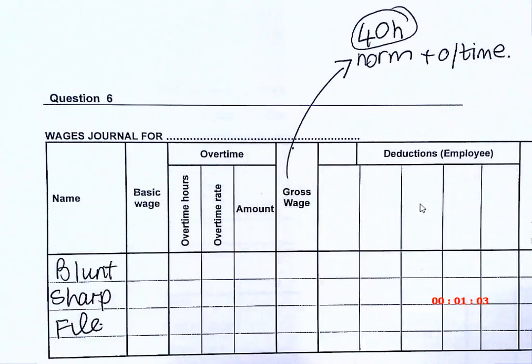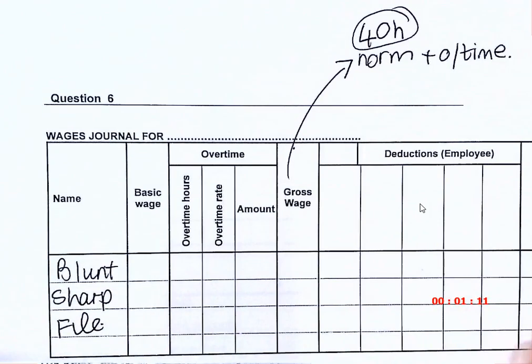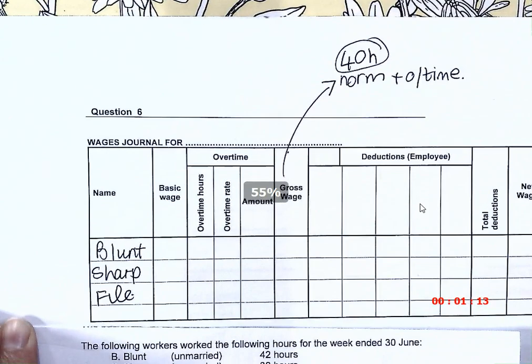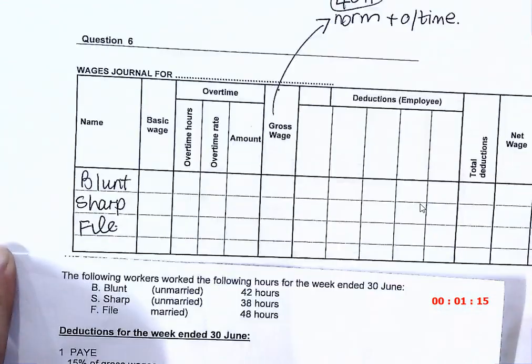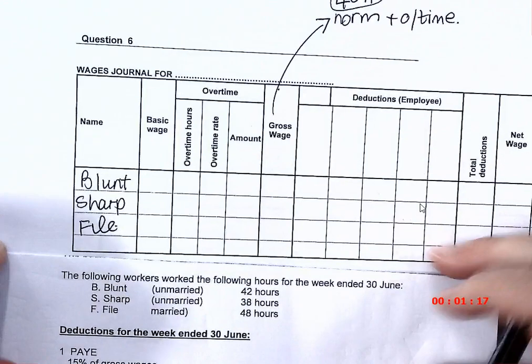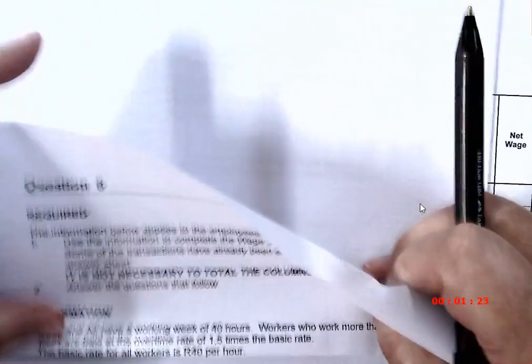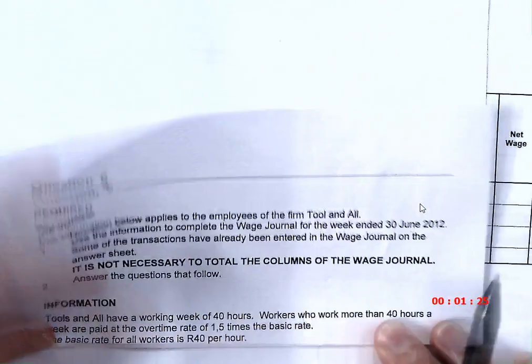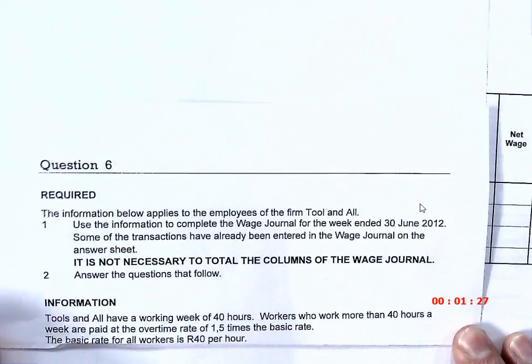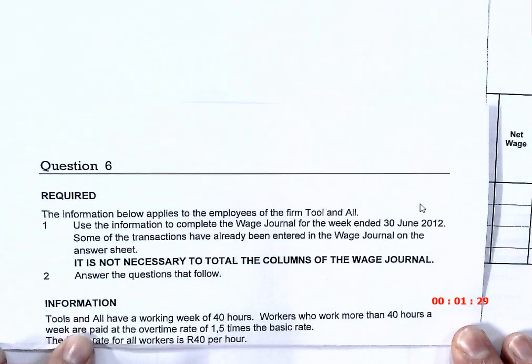Now if I look, they tell me the basic rate, so if you look here, they say the basic rate for all workers is 40 Rand an hour.